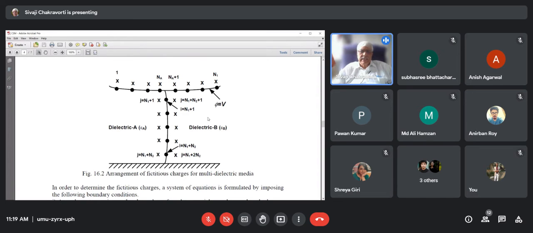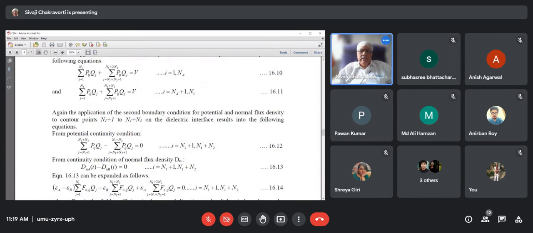Since it is on the interface, I can take this point to be located in dielectric A or in dielectric B. So we calculate the potential of any point, considering it as located in dielectric A or dielectric B. So we use the same equation 16.10, which is for a point located in dielectric A, and 16.11, which is for a point located in dielectric B. But here I is the same for both the equations.